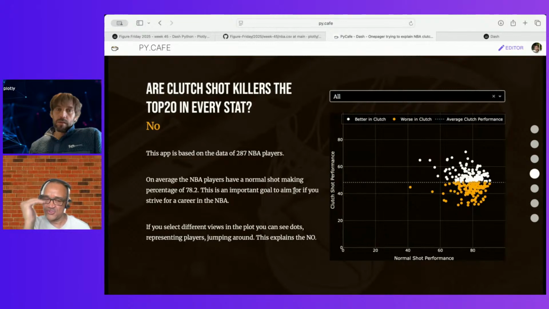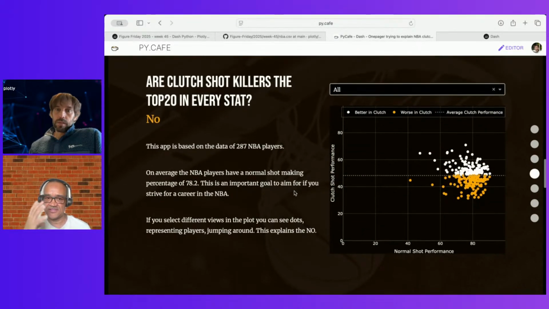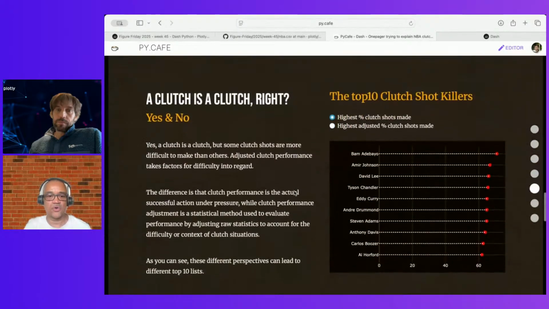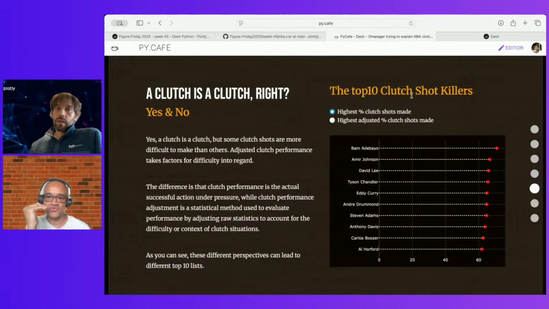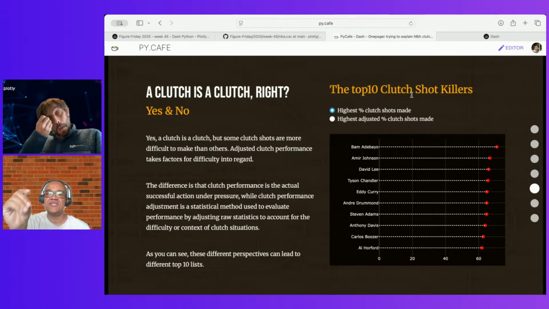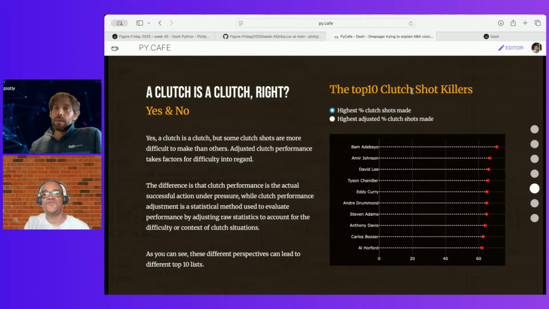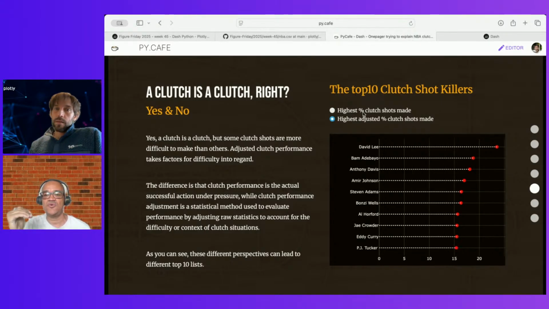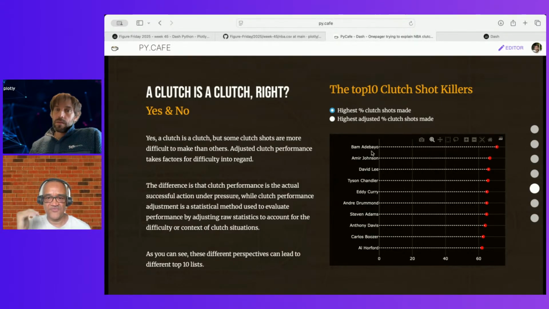I like it because step by step, someone who doesn't know about the NBA and clutch time sees the top 10 clutch shot killers, one by one, frame by frame, in this slide show.